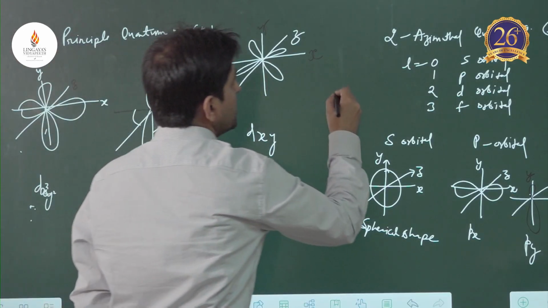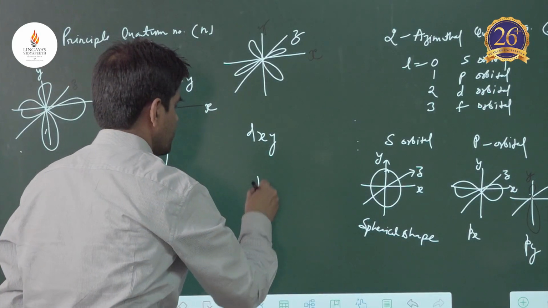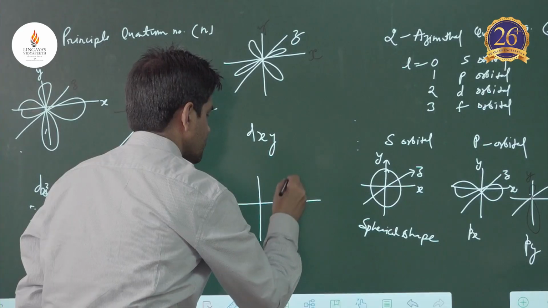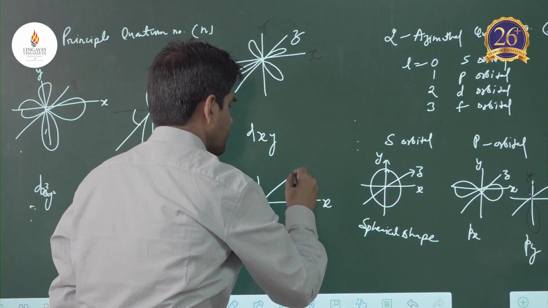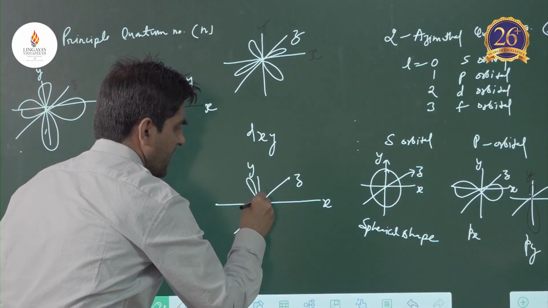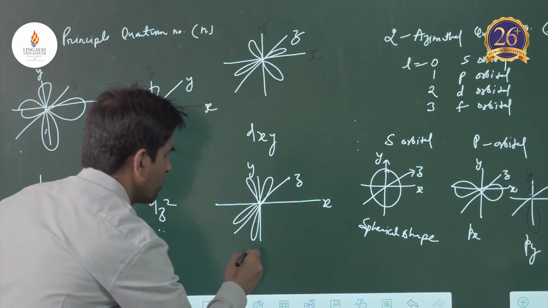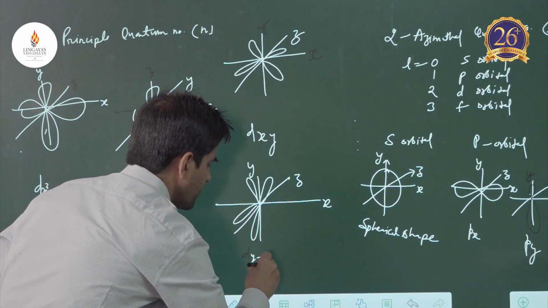Suppose we are drawing the dyz orbital. We will draw the lobe like this, z and y. This is dyz orbital, in between y and z.